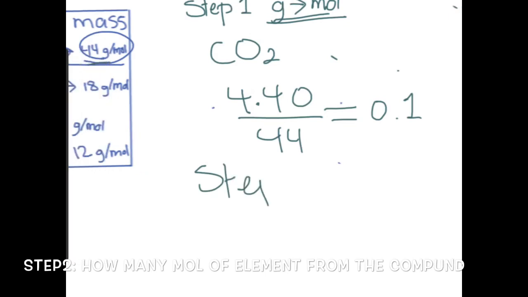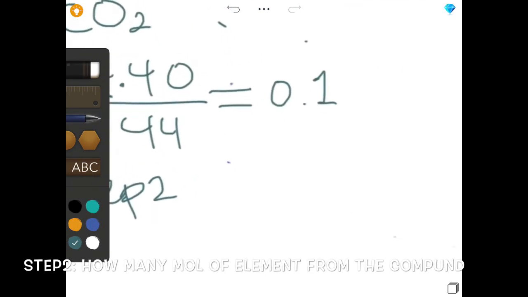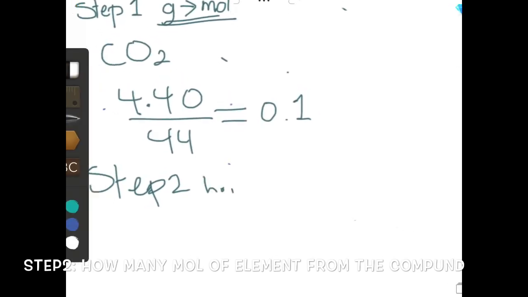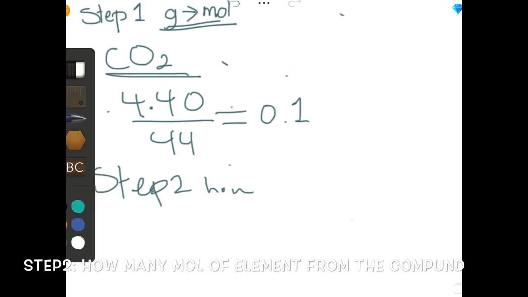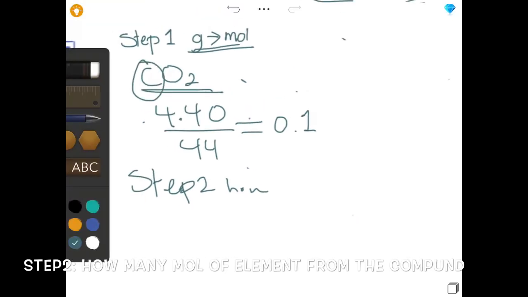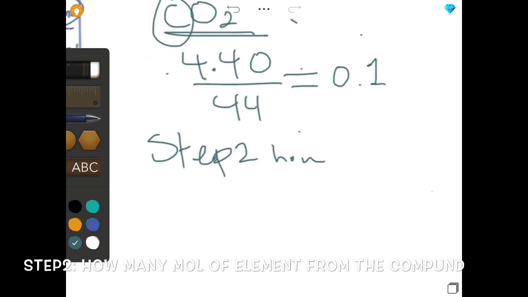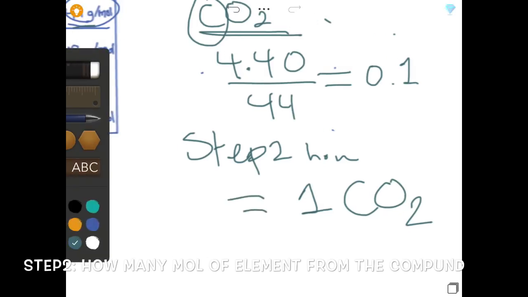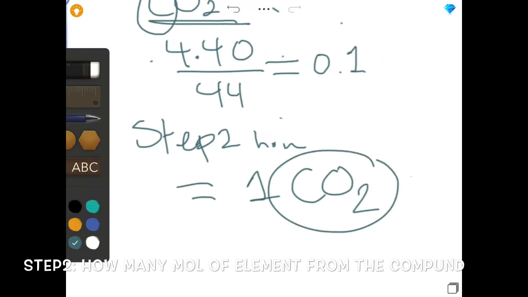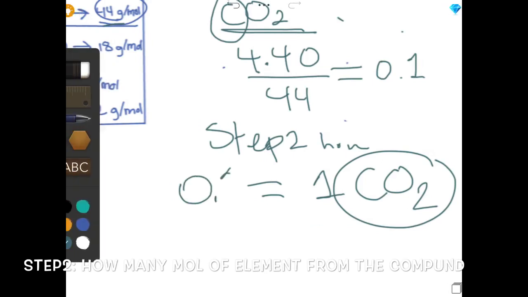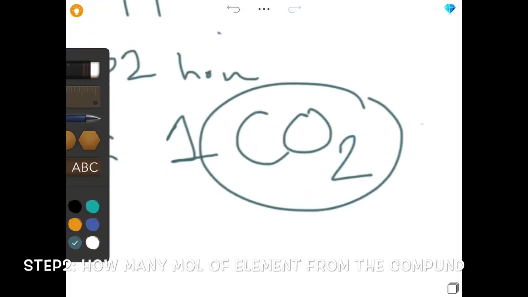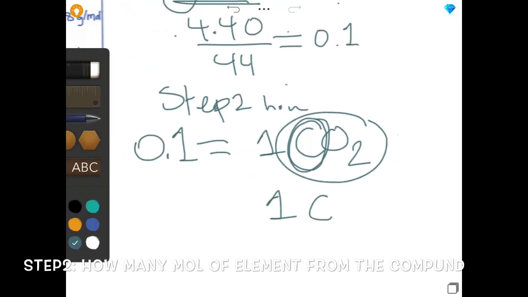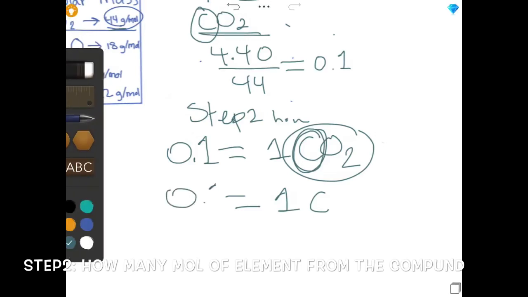Step 2, you see how many moles of carbon you have from the carbon dioxide. You know that one carbon dioxide has 0.1 mole, right? Then you see you have just one C, so it will be 0.1.